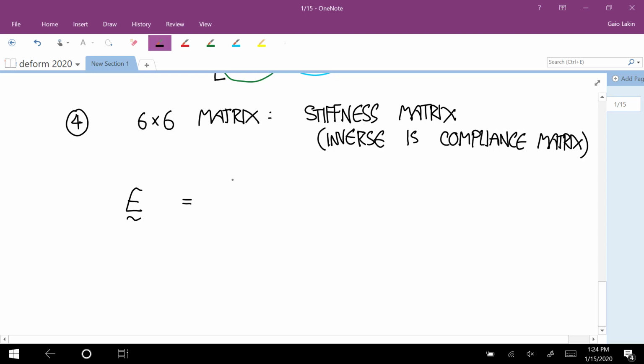But the first element is 1 over the variable E. That E is not a matrix, so that doesn't have a squiggle. And then the second one is negative Greek letter nu over E. And the third is just like the second. And then 3 zeros.